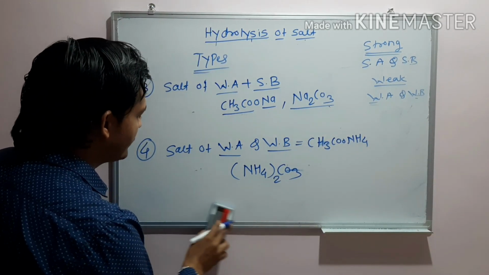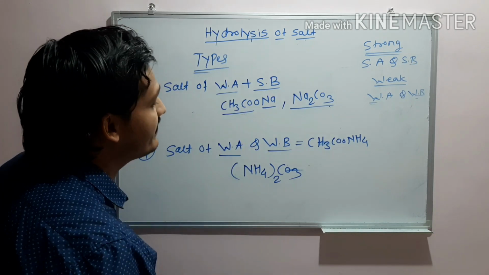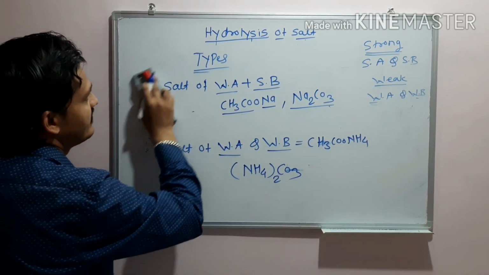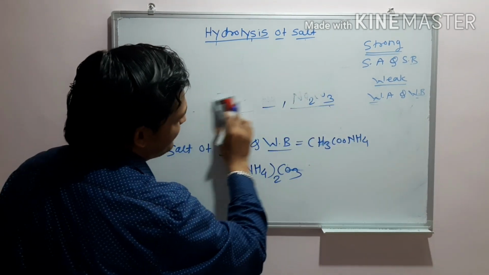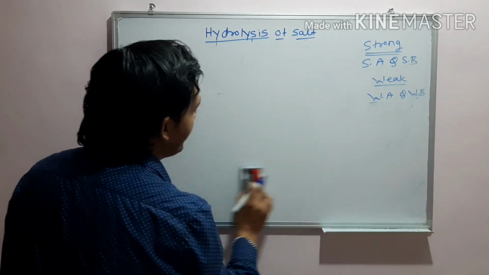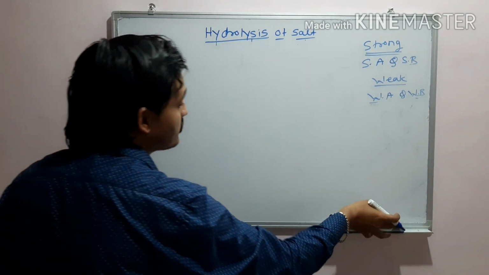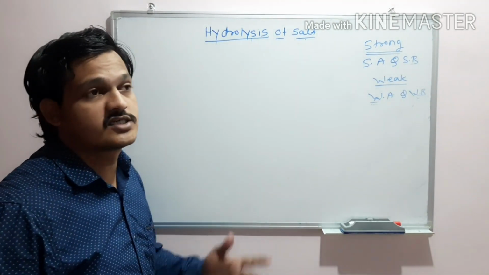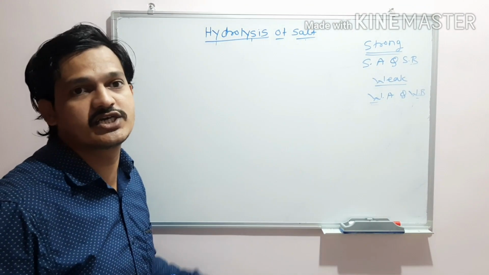So basically there are mainly four types, that is salt of strong acid and strong base, weak acid and strong base, etc. So now let us move to the hydrolysis of each type. It is really very important for us. Let us move to the hydrolysis of each type.